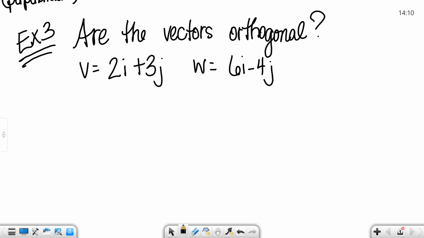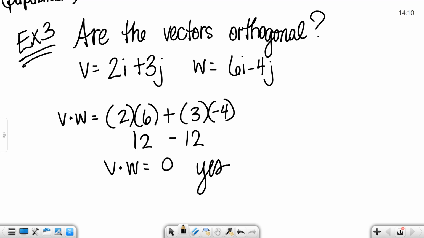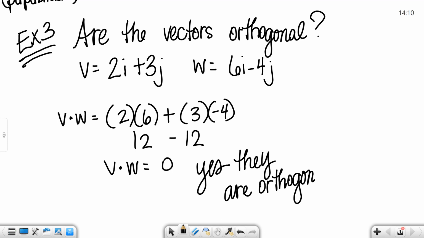So to answer that, you do the dot product. If we do the dot product and we get 0, then our answer is yes. All right, so we get 2 times 6 plus 3 times negative 4, 12 minus 12. All right, my dot product is 0. That's not my answer. The answer to the question is yes. They are orthogonal because their dot product was 0.